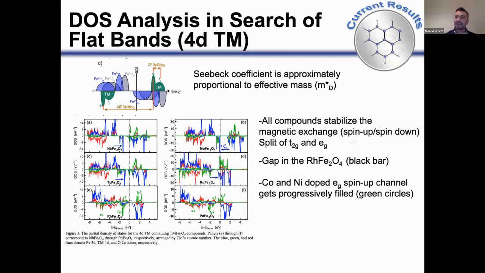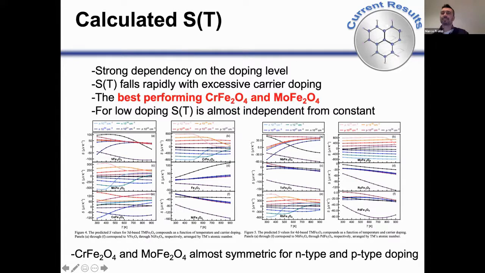Now, this slide is the core of the work. Once we have the density of states coming from the density functional theory, using the Boltzmann transport theory within those approximations that I just mentioned, we can extract the Seebeck coefficient as a function of the temperature at different doping levels, both N-doping and P-doping.